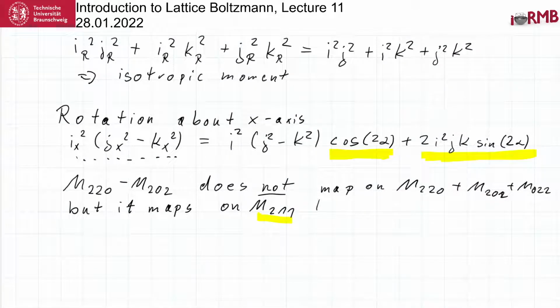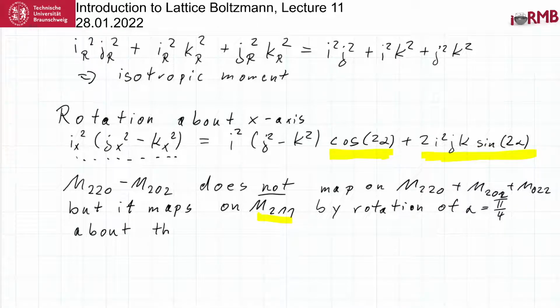Namely by rotation of alpha equals 2 pi to 45 degrees about the x-axis.